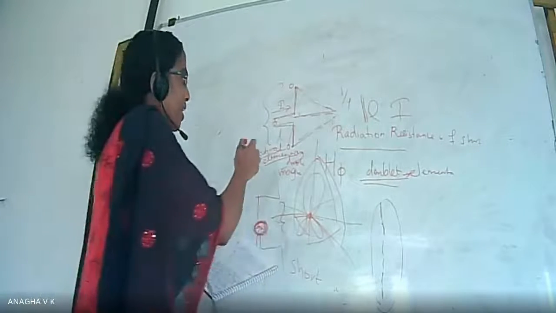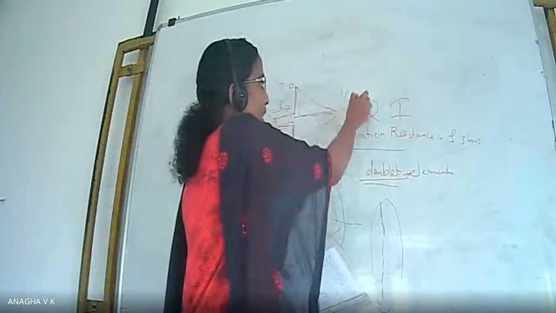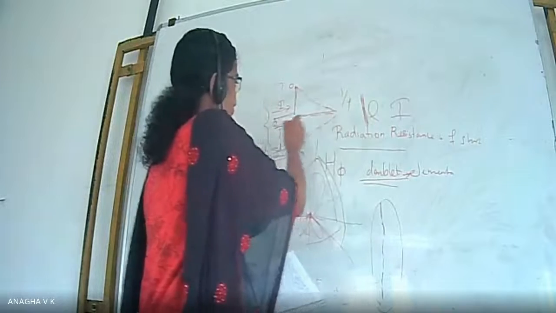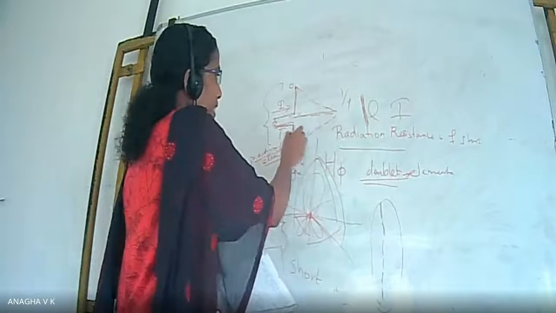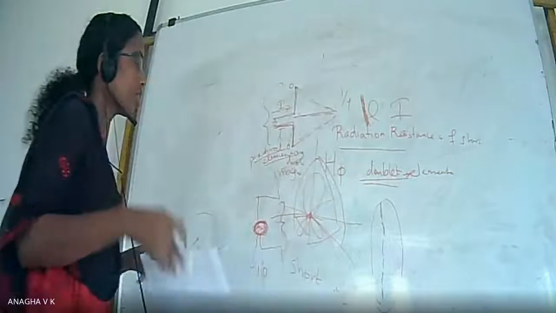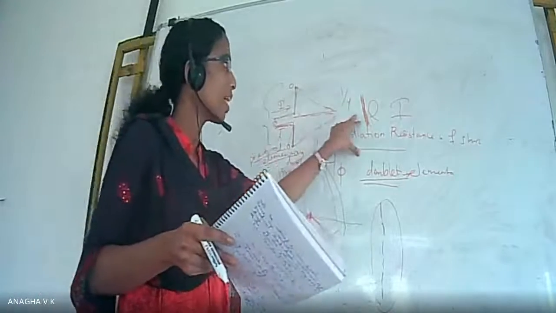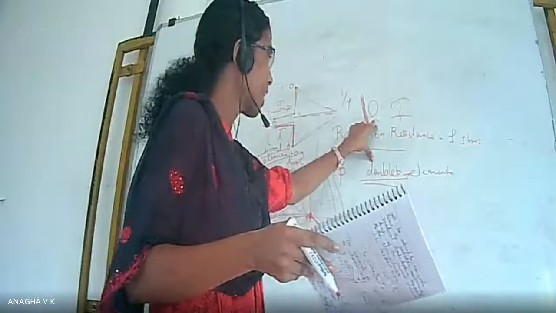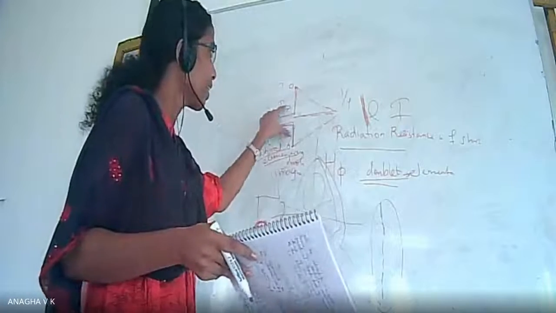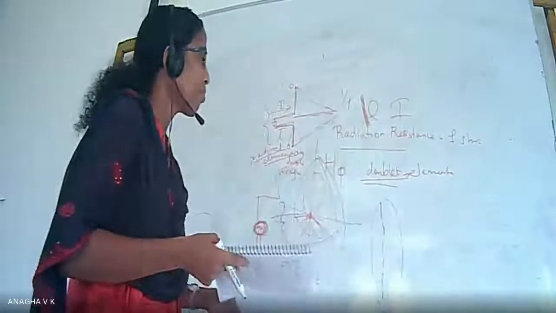I. I said earlier it is center fed, but here it is a current carrying element. This is center fed, but this is a current carrying element. So it's a basic difference. The dipole's length is L, and the current carrying element's length is also L. The current is I in this case, and the current here also is I. But what?